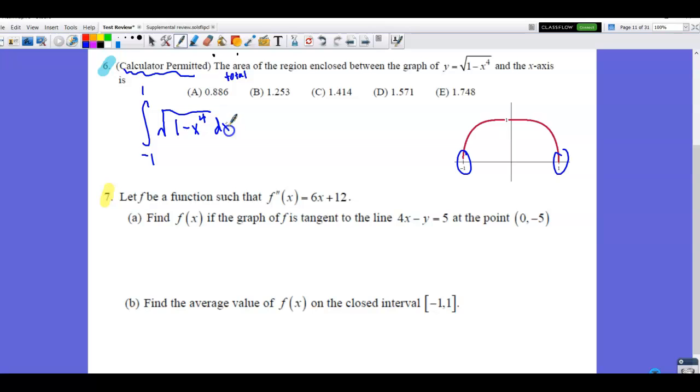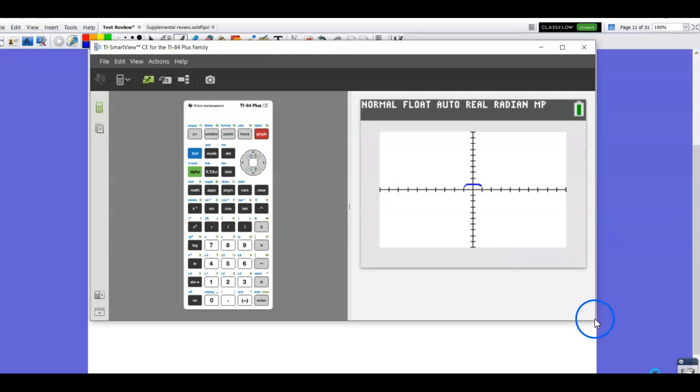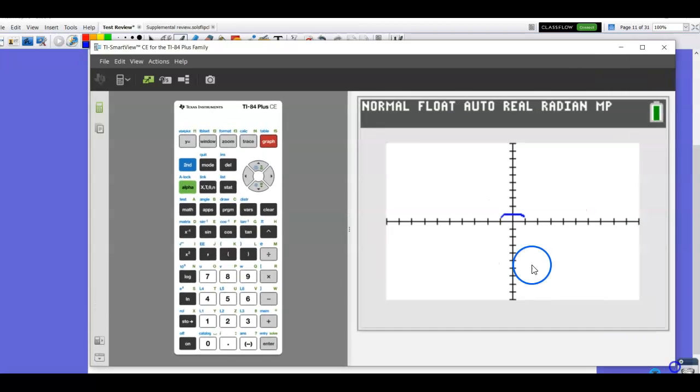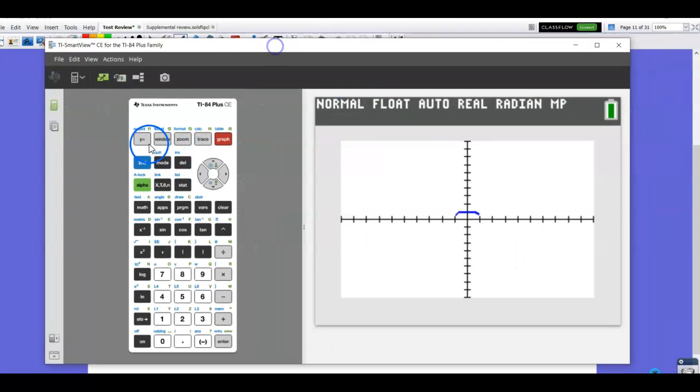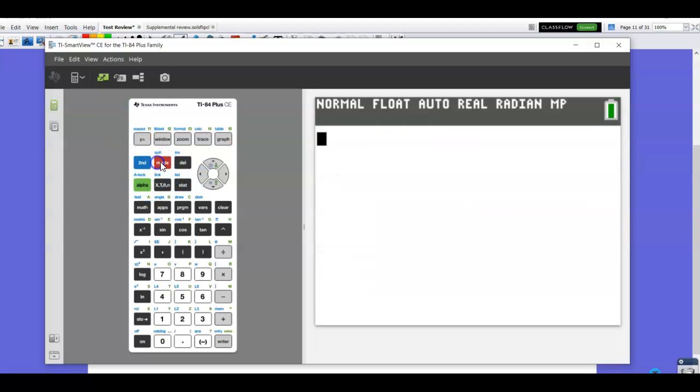So I'll go back to my calculator. I made this a little bit smaller, and now it seems like it's too small maybe for you guys to see. Anyway, I'm going to go to the home screen, second quit.